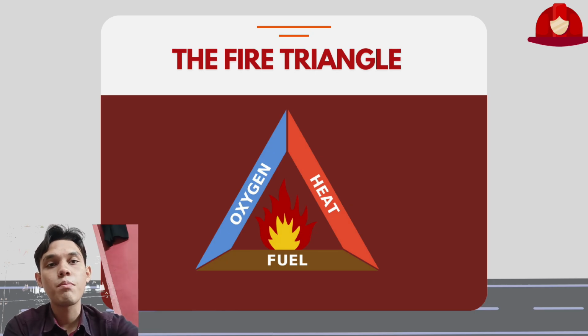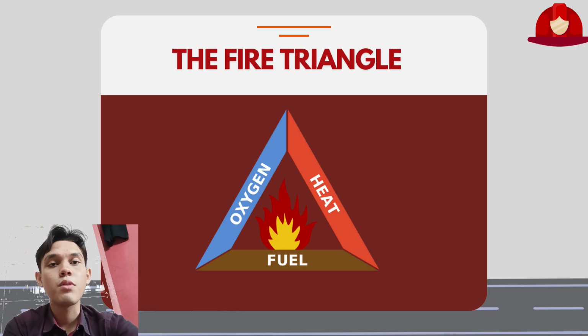This is where APAR plays a vital role. Each type of extinguisher works by removing one or more sides of the fire triangle. One, water and foam cool down the heat component. Two, CO2, carbon dioxide, removes oxygen by displacing air around the fire.